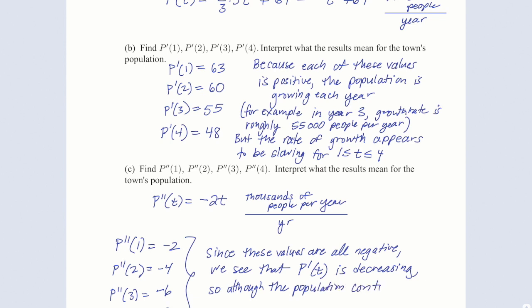So we could say, although the population continues to grow, the rate of growth is decreasing between years 1 and 4. So p double prime is telling us about the rate of change of the population rate of change.